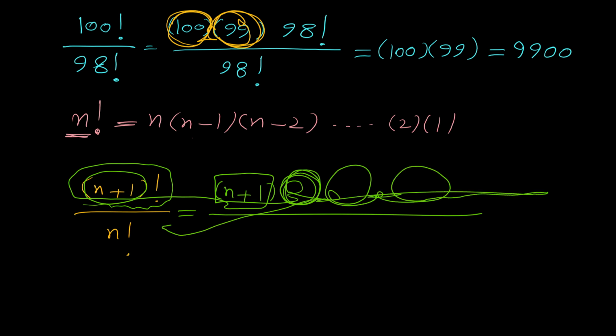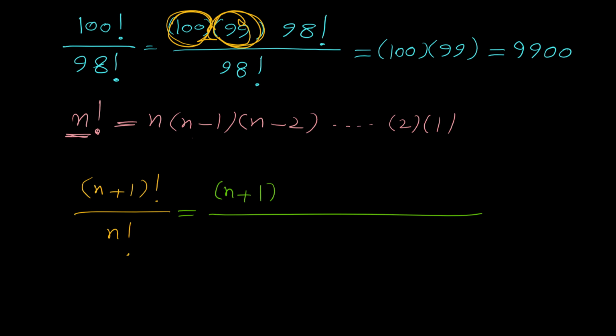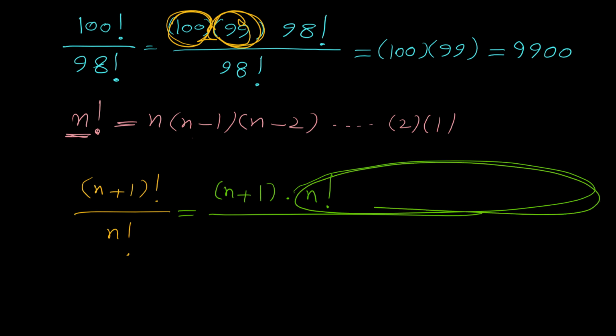And I know that I want to simplify it with n factorial. So instead of writing all of those terms in the numerator, simply we can write n plus 1 times n factorial. Why do we have to waste our time writing all the terms that are equal to n factorial?